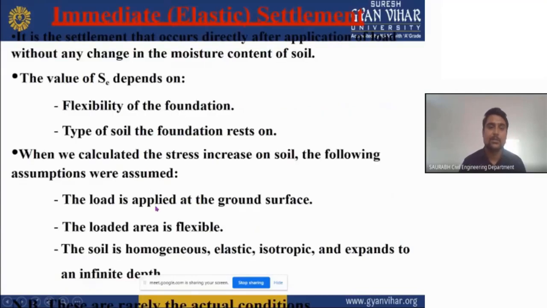Now, as you can see, this is about the immediate elastic settlement. It is the settlement that occurs directly after the application of load without any change in the moisture content of the soil. The value of SE depends on the flexibility of the foundation and the type of soil the foundation is based on.